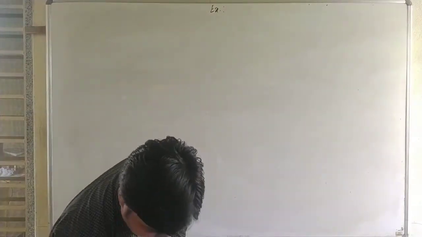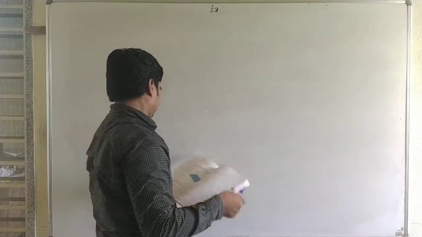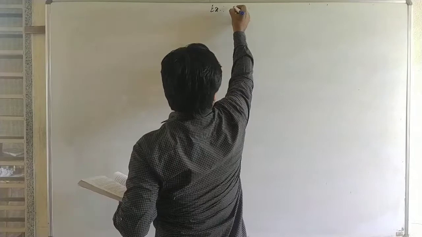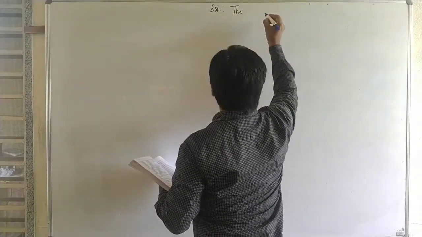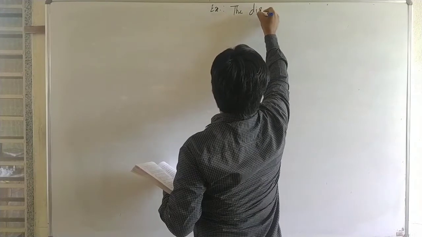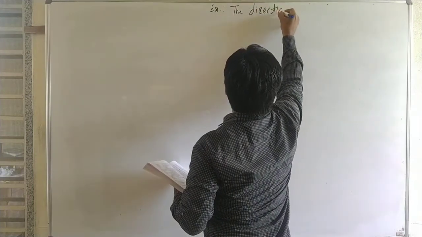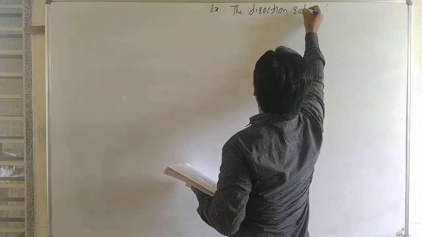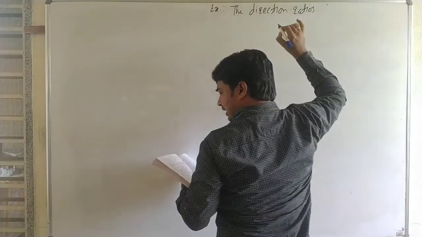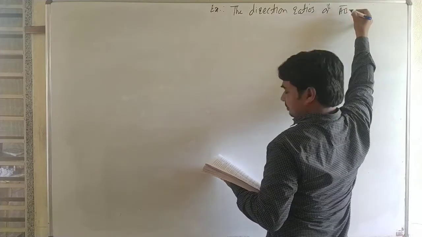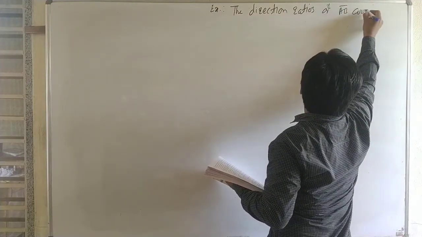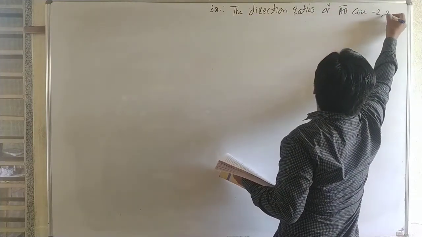Then next example, the direction ratios of vector AB are -2, 2 and 1.